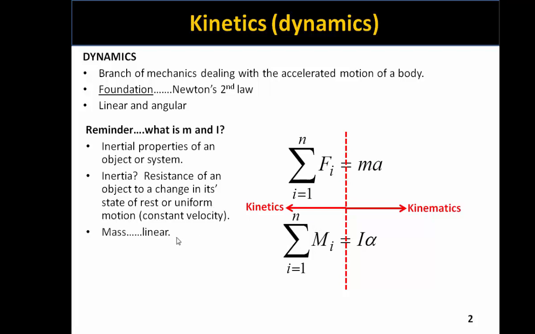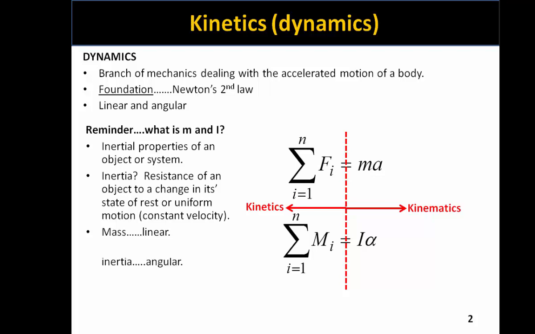In the linear case, mass is the inertial term that presents a resistance to a change in an object's state of rest. An object with more mass will have greater inertia. Therefore, the object with greater mass, which in turn has greater inertia, will be more difficult to move from a resting state.